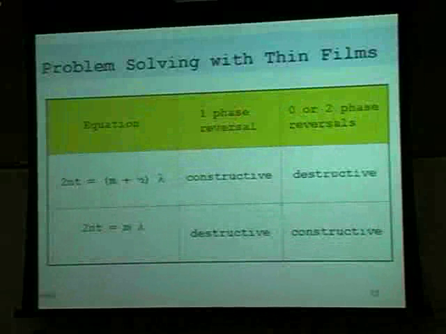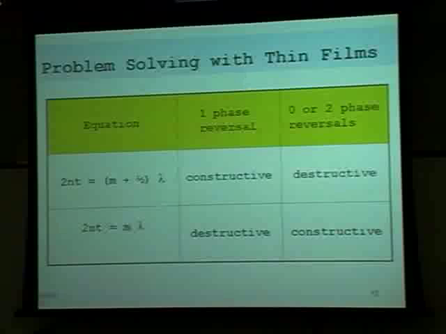So it looks like this. If we have one phase reversal, constructive interference would be governed by this equation here, n being the index of refraction of the film. m is the order number of the interference. Destructive for two phase reversals or no phase reversal, and vice versa for destructive and constructive between 1 and 0 or 2 phase reversals.